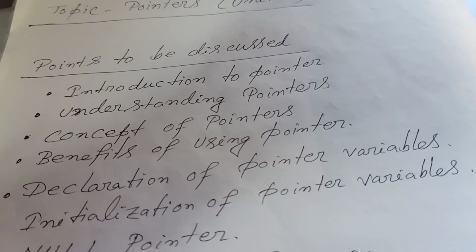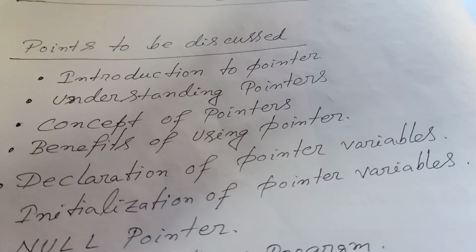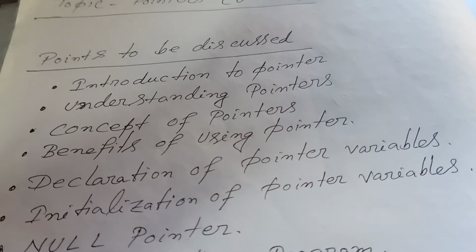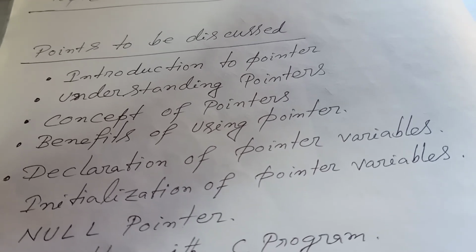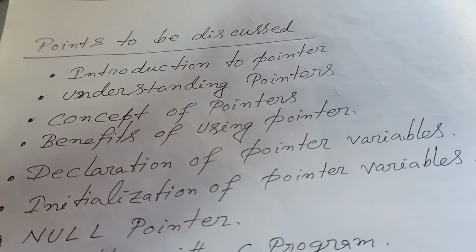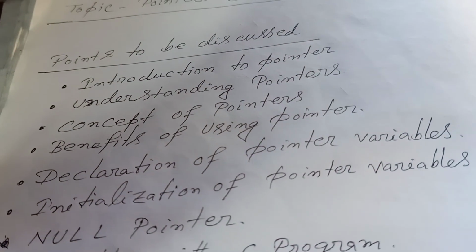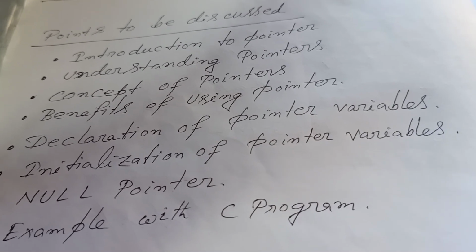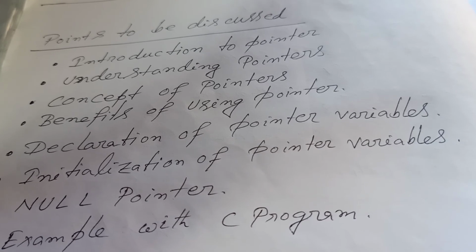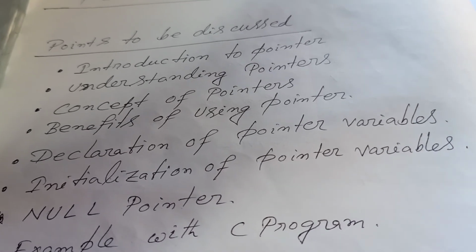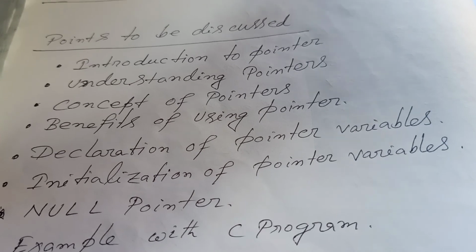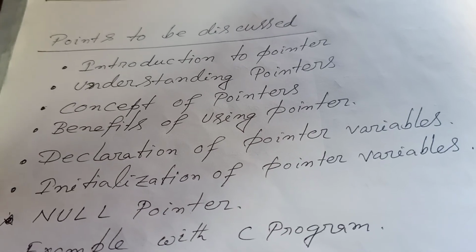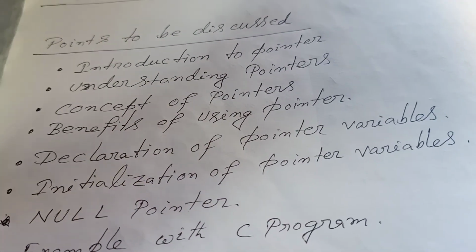After all this, we should learn how to declare pointer variables and how they are initialized. Then a small topic on null pointer, and with an example we can discuss how we are using pointers in a C program. Okay, so these are the points to be discussed in today's topic.